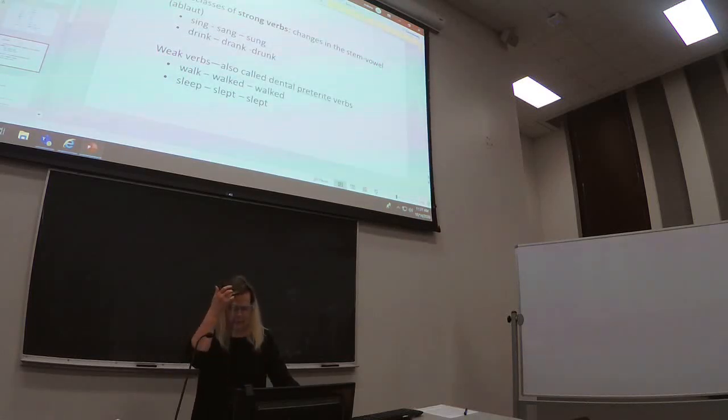So these are the dental past tense forms, which have the d or t. So sleep, slept, slept. We don't write it with ed, but it still has that t, in the same way as walk, walked, walked. Sleep, slept, slept.